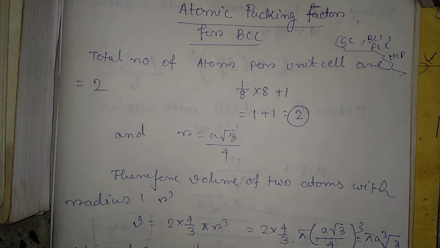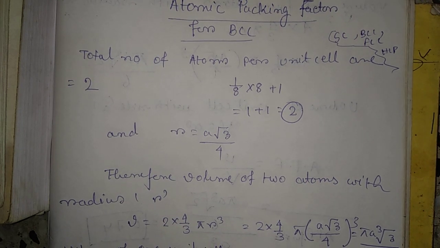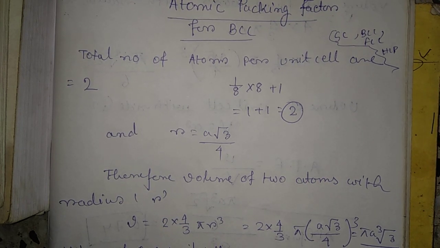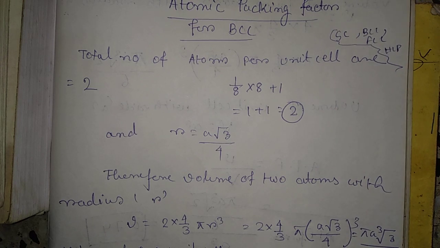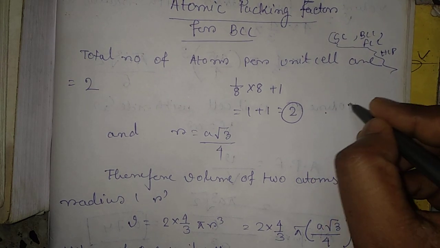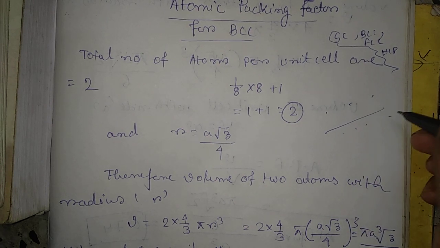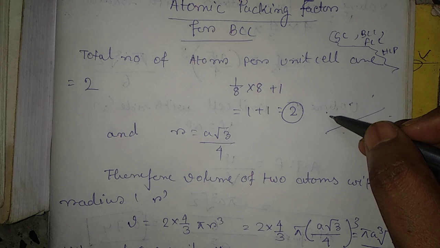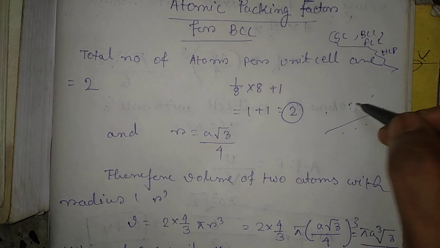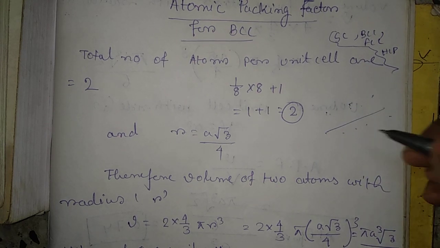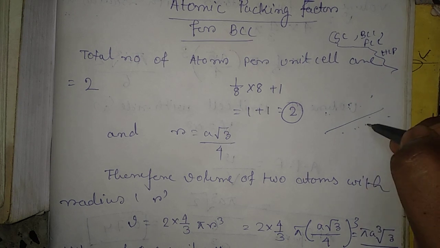The atomic packing factor is the ratio between the volume of atoms per unit cell divided by the total volume of the unit cell.